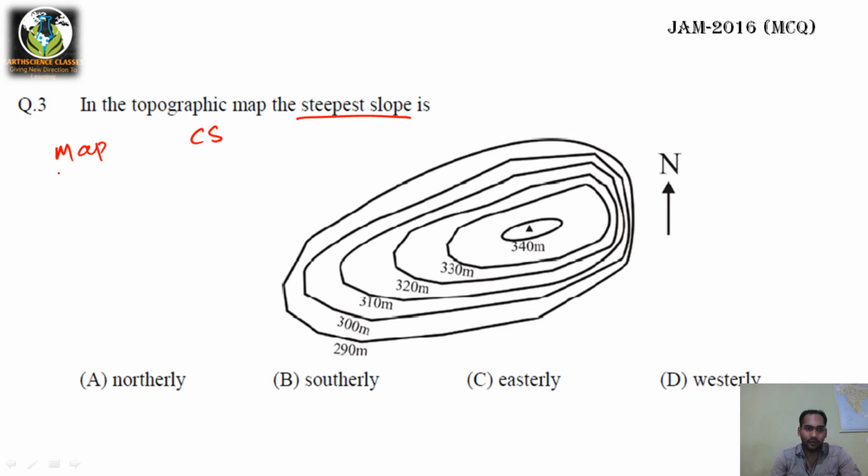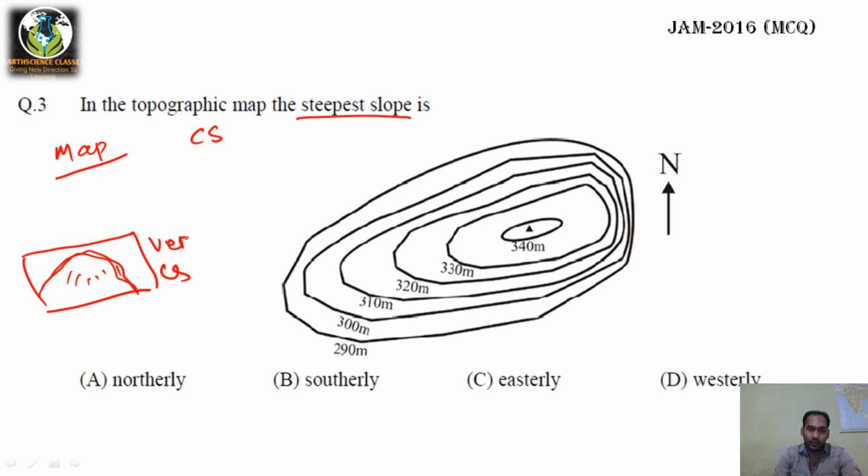So what is a map? Suppose this is a feature, a mountain. You can draw this diagram in cross section.